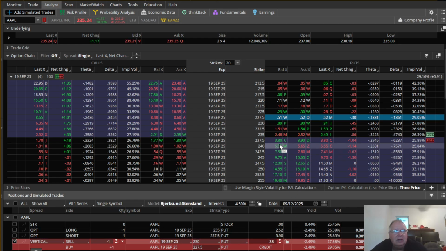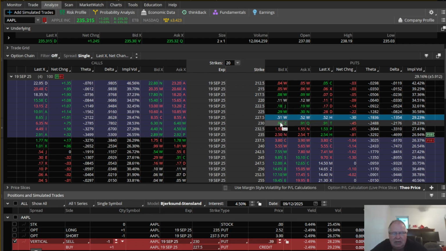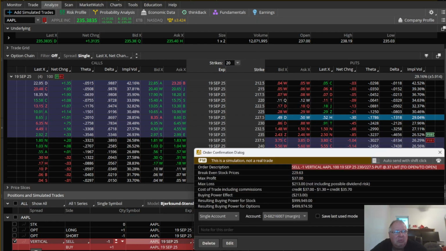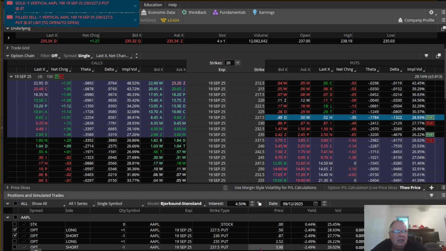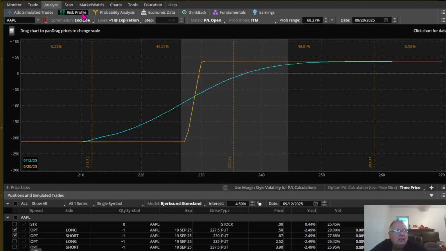But the likelihood of the stock getting above 237.5 for our max profit on the first trade, versus staying above 230. We can even be wrong about the direction. We just need it to stay above 230. So place this trade. I'll place more as we go along and talk about this in the future, but here's what our risk profile would look like just on this trade.